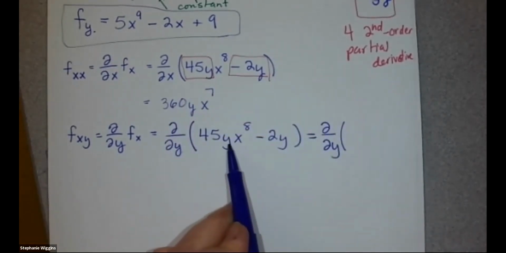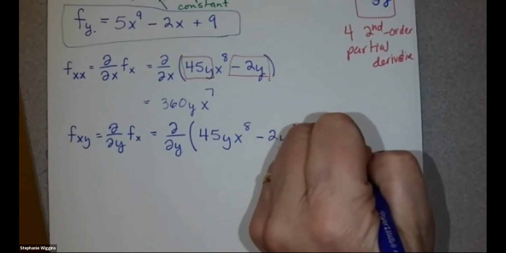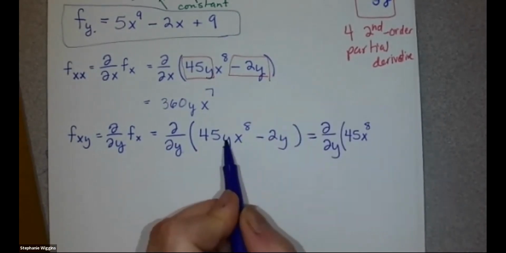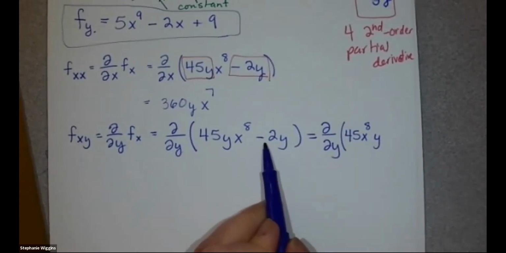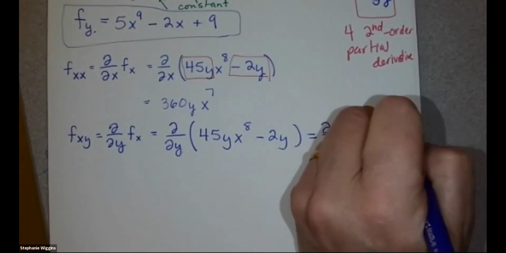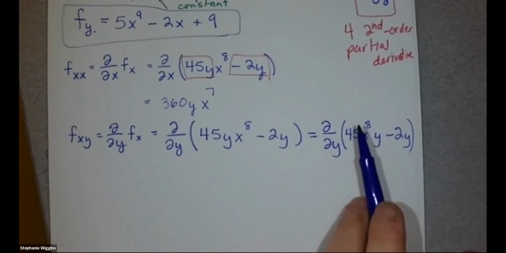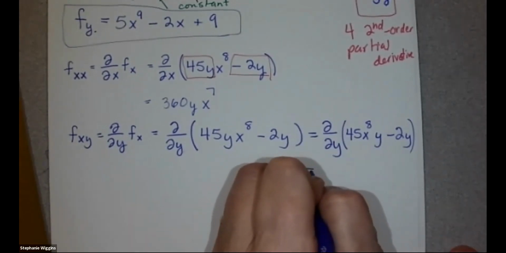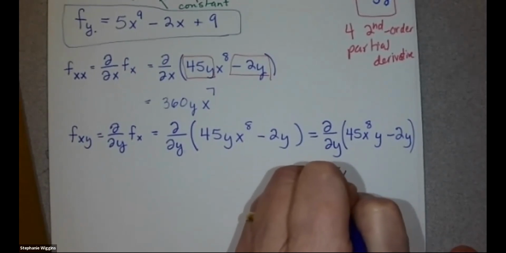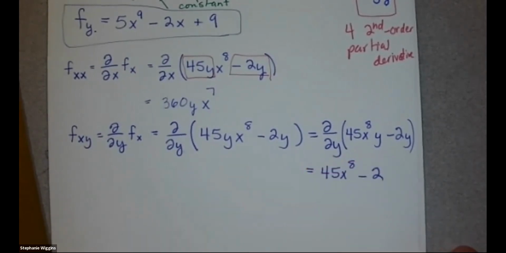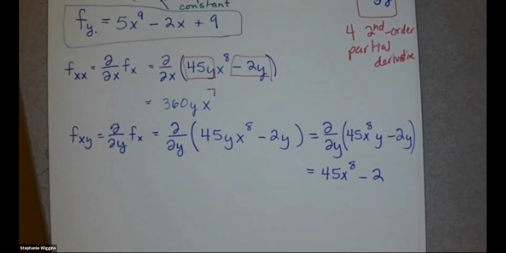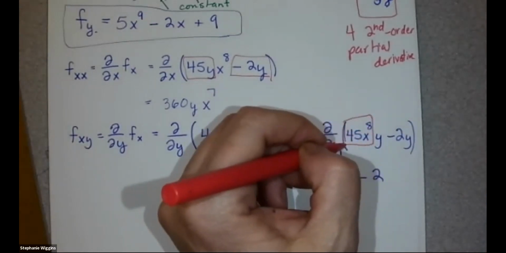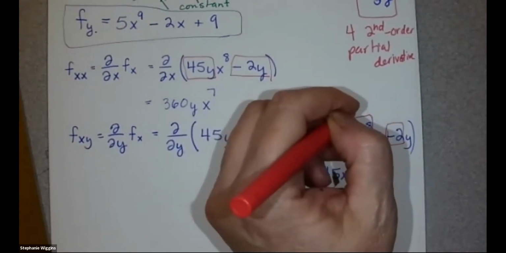So I'm going to put the x to the 8th with the 45. And then I've just got a plain old y. And then we have the minus 2y like that. And so now I just have y and y with constants in front. So when I take the derivative with respect to y, I just write down the constants in front. So it becomes 45x to the 8th minus 2, because these are held constant. Those are the constants.